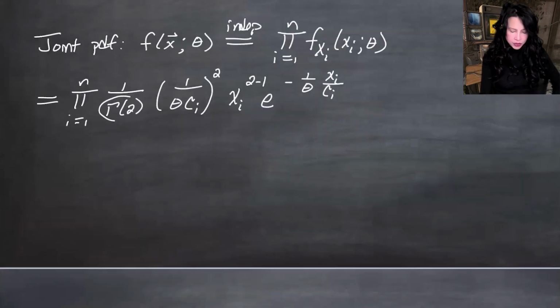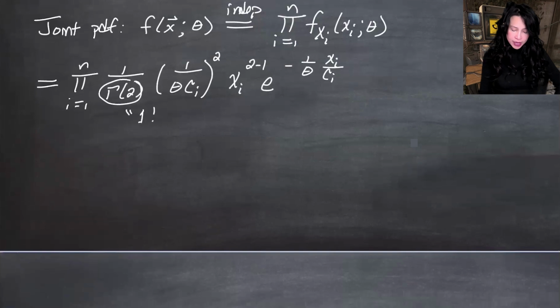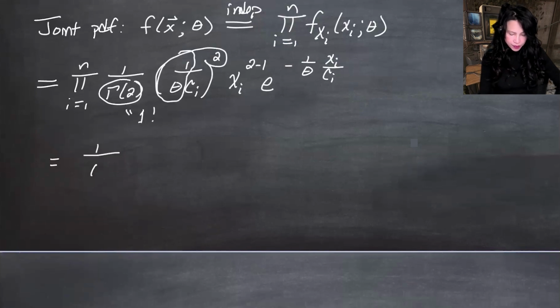Now, gamma of 2 is 1 factorial, so that is 1, so that part will disappear. And I'm going to multiply this out. I have 1 over theta squared, and I get that repeated n times, so I have 1 over theta to the 2n. And then I have a ci squared and an xi to the first power.